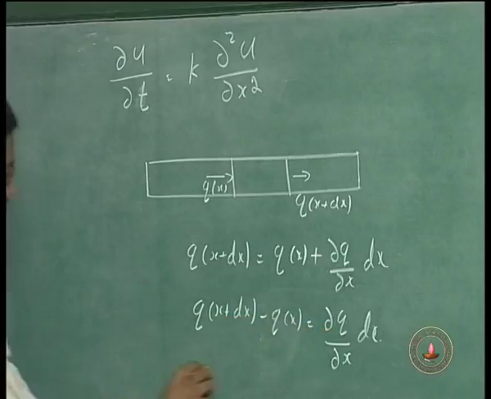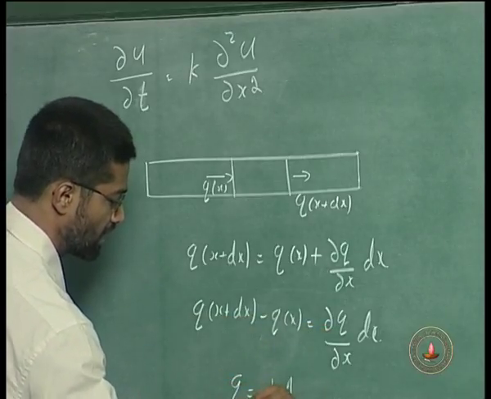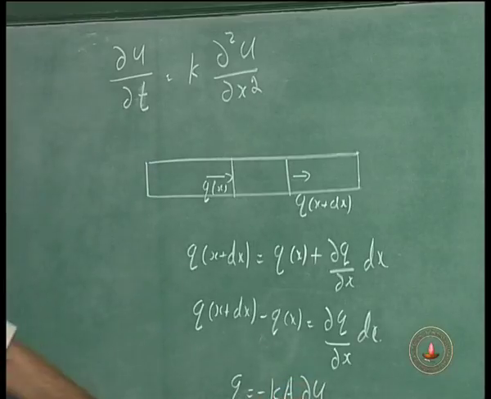Now this Q itself we know is minus K times A times del U by del x. So substitute that here.